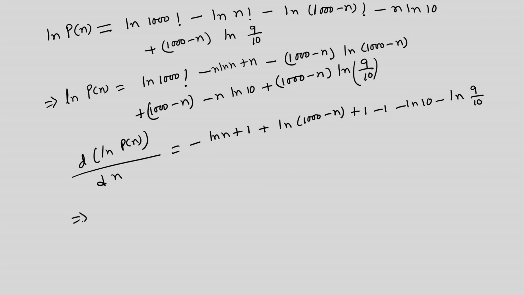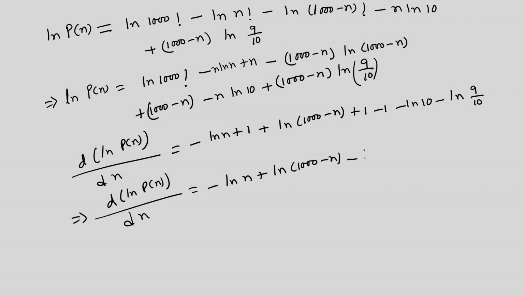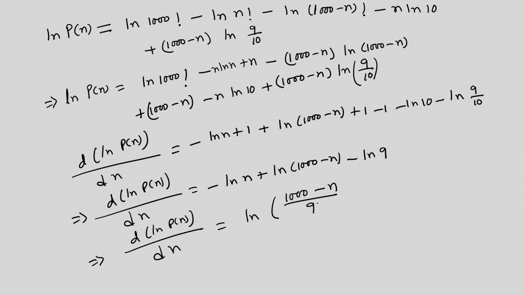Okay. So, we get d ln Pn by dn equals to minus ln n plus ln 1000 minus n minus ln 9, or if we simplify further, we get d ln Pn by dn equals to ln 1000 minus n by 9n.